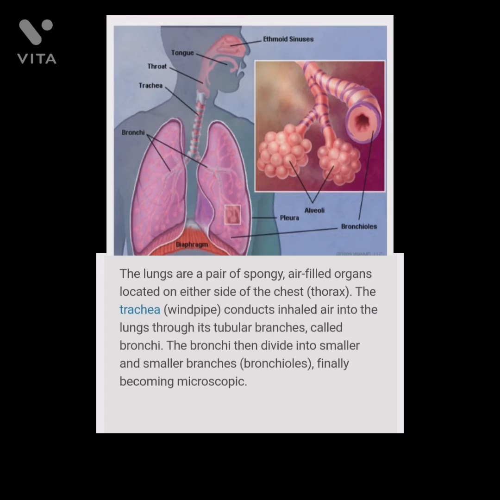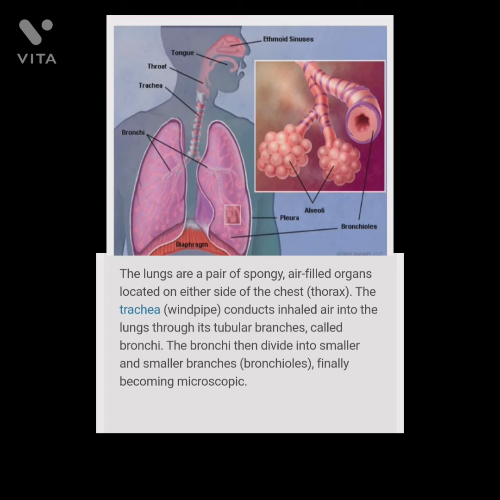The trachea, or windpipe, conducts inhaled air into the lungs. When we breathe and inhale oxygen, the air goes into the lungs through tubular branches called bronchi.